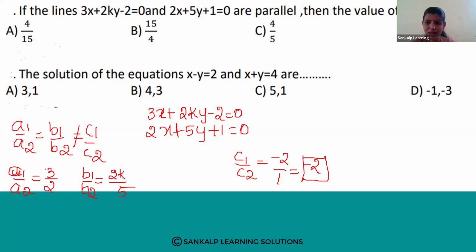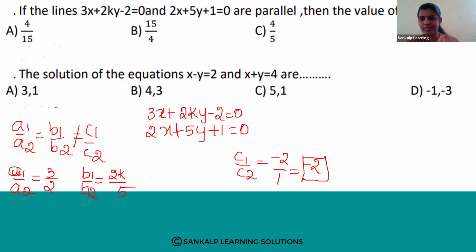A1 divided by A2 value is 3 by 2. When we calculate B1 divided by B2 also, we need 3 divided by 2. So to get 3 divided by 2, which value are you going to substitute here? That is the value of k.